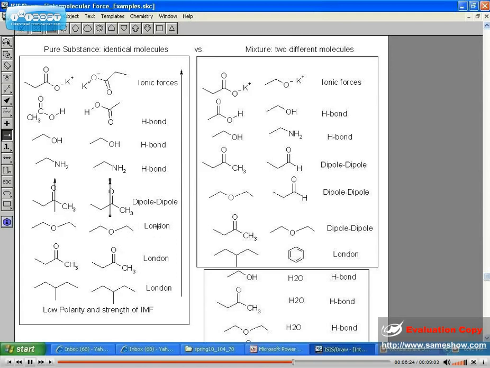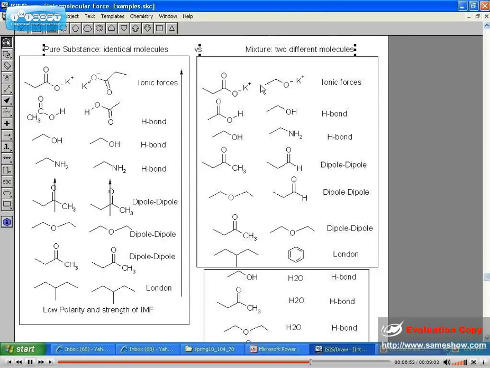And here we have a nice example of a typo. This should be considered dipole-dipole. Here we have another example of a typo, and this should be considered dipole-dipole forces right here. And then finally we have London forces on the bottom.